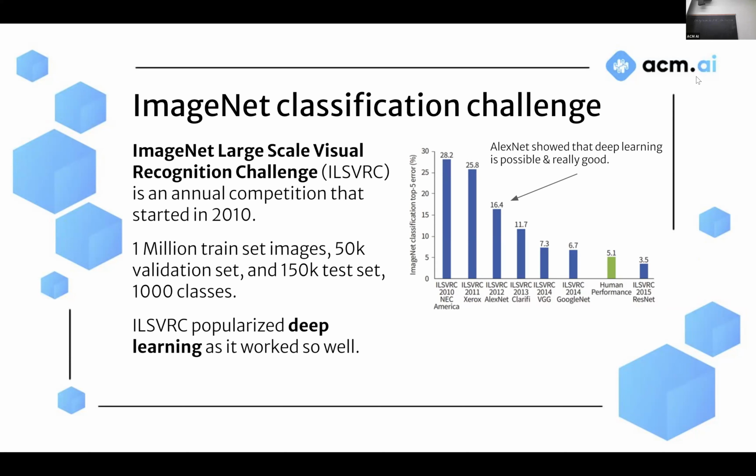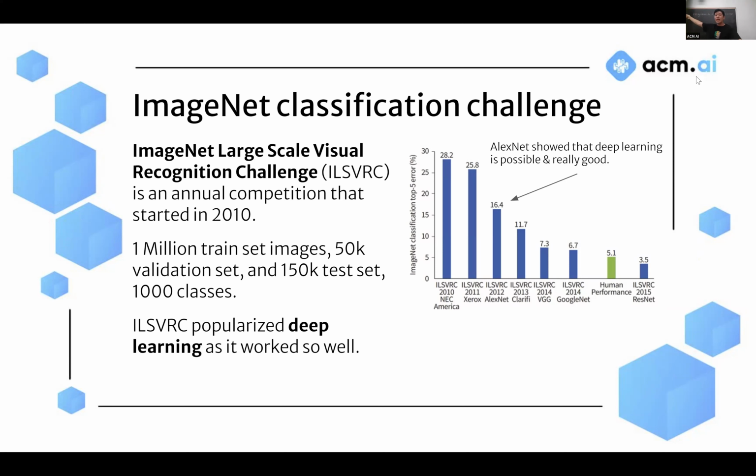So in 2010 and 2011, it was 28.2 and then down to 25.8. It was okay. But these were what we called engineered methods, where they looked at patches of images, did a bunch of statistical clustering, and a bunch of really big engineering. They weren't methods that we would call elegant today, but they worked.